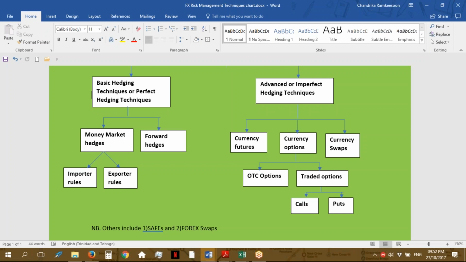See, almost anything which is traded in the open market has a related derivative. And the derivatives, therefore, are not restricted to just currencies or interest rates or stocks.